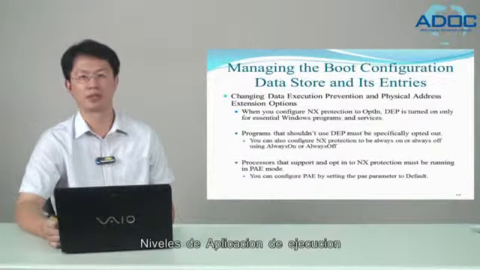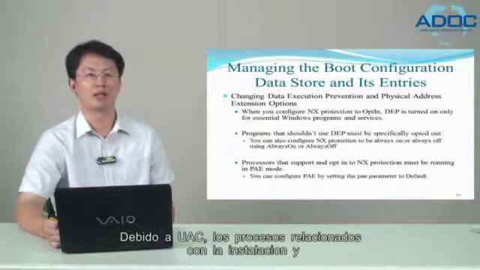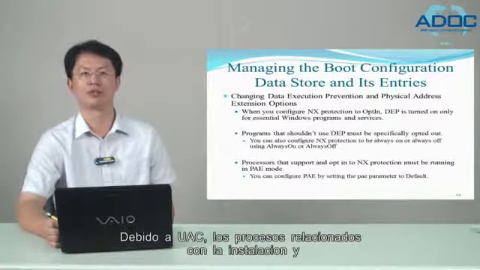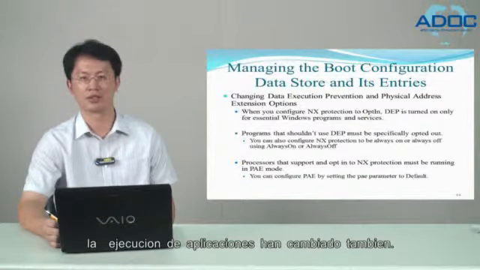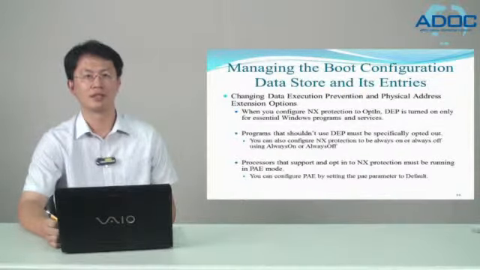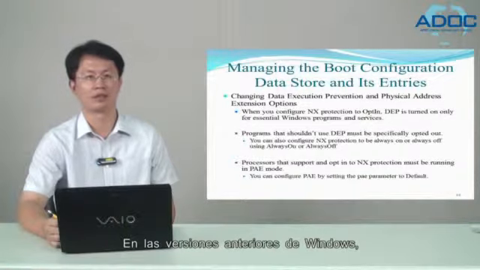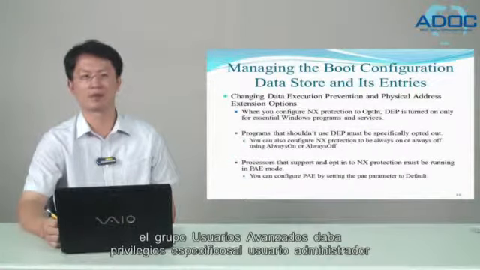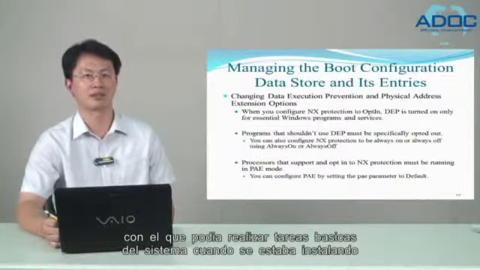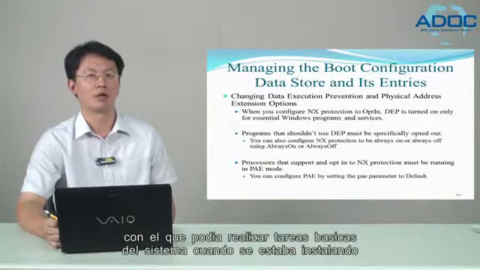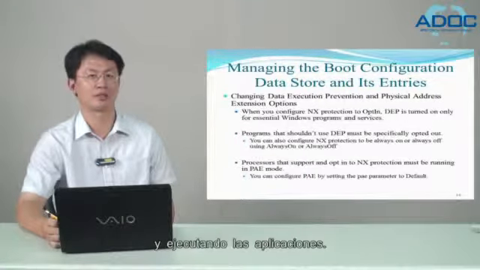Application run levels. Because of UAC, the processes related to installing and running applications have also changed. In earlier versions of Windows, the Power Users group gave users specific administrator privileges to perform basic system tasks when installing and running applications.